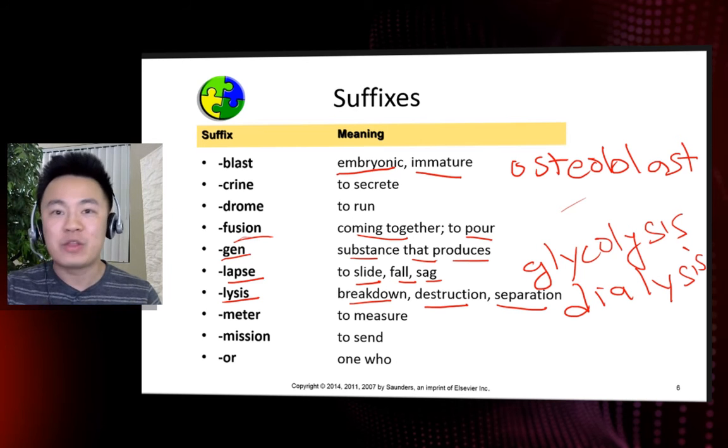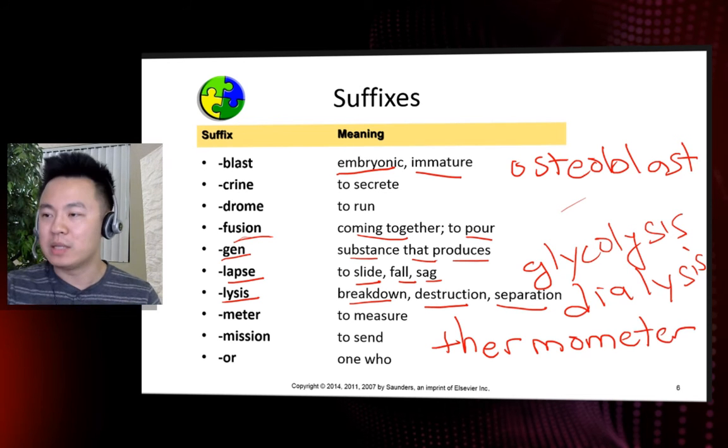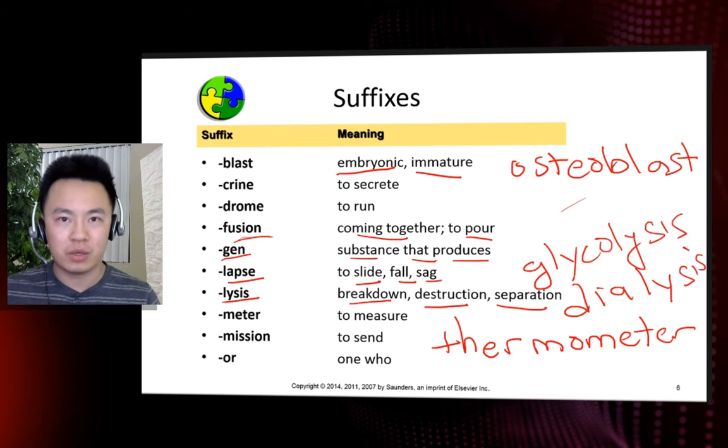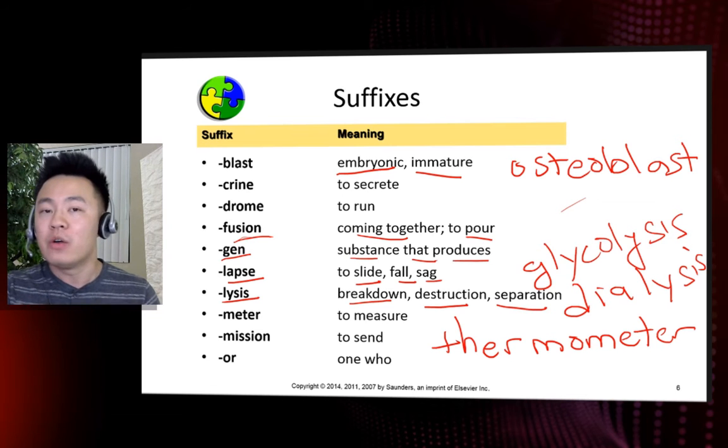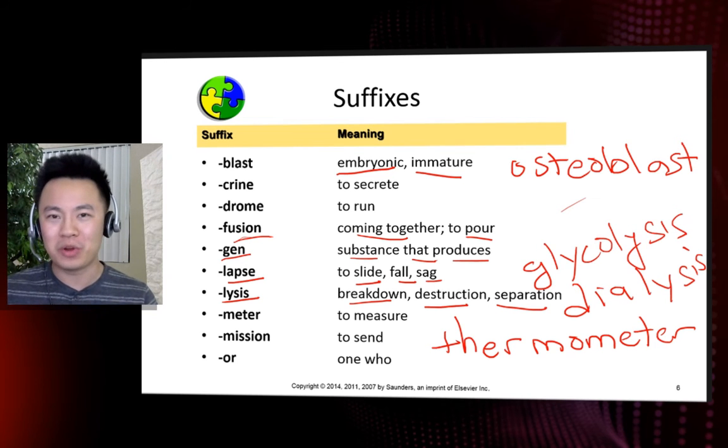For example, a thermometer, not particularly a medical term, but a good application of it. A thermometer is an instrument used to measure the kinetic energy of molecules or the amount of heat. For example, water boils at 100 degrees Celsius. How do we know that? You can use a thermometer, and when the water boils, it will tell you what temperature it boils at.